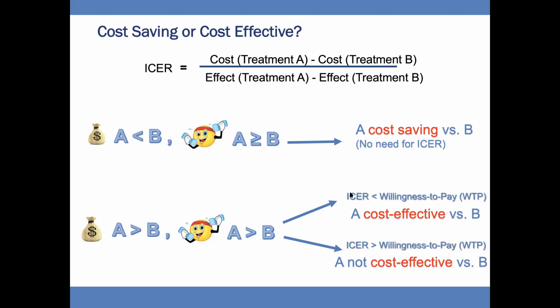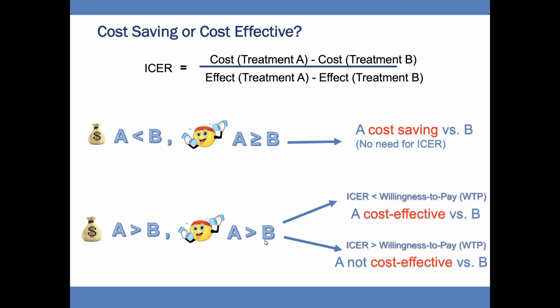For this scenario, where cost of A is greater than cost of B, and effectiveness of A is greater than effectiveness of B, we can estimate the ICER. Okay, it's not like the previous case where we cannot estimate the ICER because it is negative. So for this case, we calculate the ICER, and then we need to determine whether it's cost effective or not, because A is more expensive and offers better outcomes.